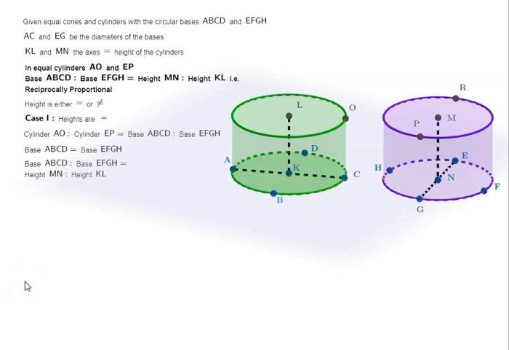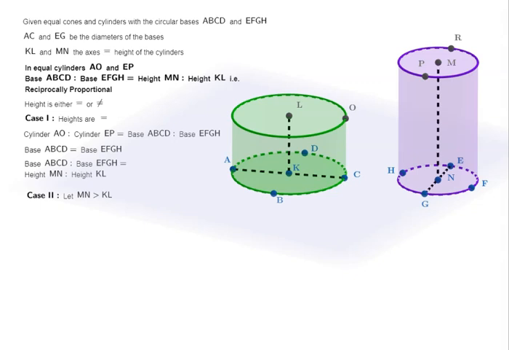Okay, now let's look at the second case. Let MN be greater than KL. So let me make it greater. Now, what we do is we cut MN at a point, let's call that point Q, such that QN is equal to KL. So let's cut it off.